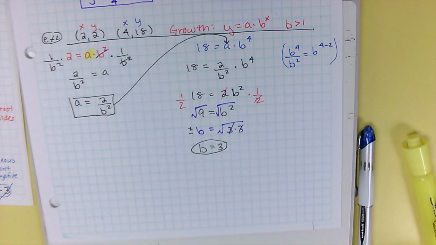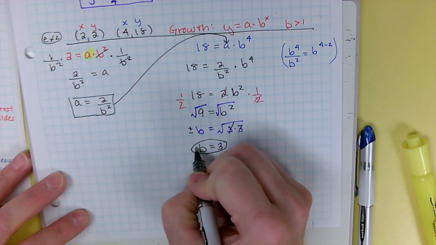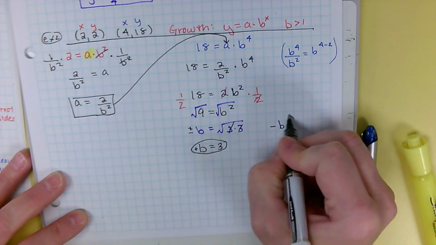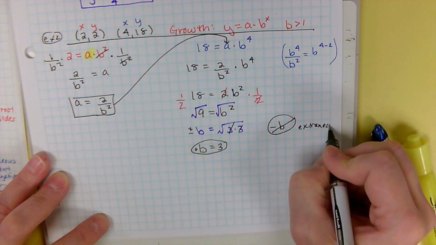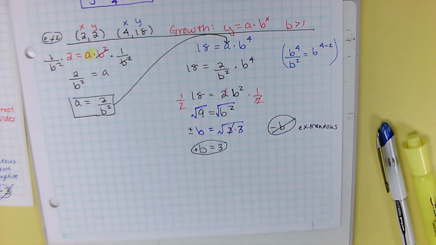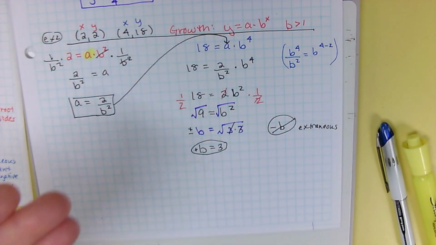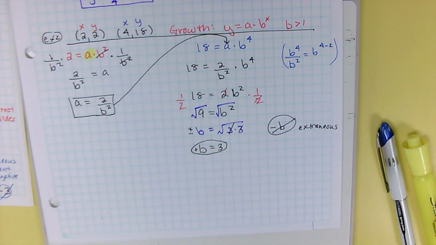It is plus and minus, but in a growth or a decay formula, a and b are always positive. So we keep the positive one and we disregard the negative one. That one would be extraneous. So yes, b is plus and minus because we took it out of a square root, but because of the formula, we only keep the positive one.